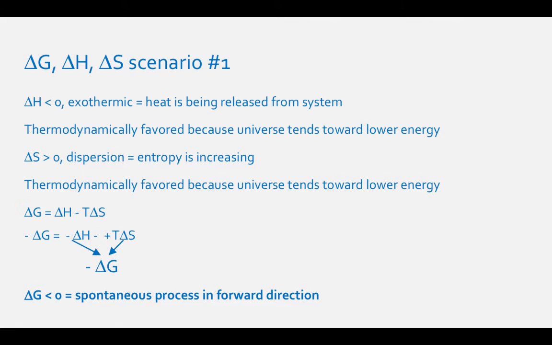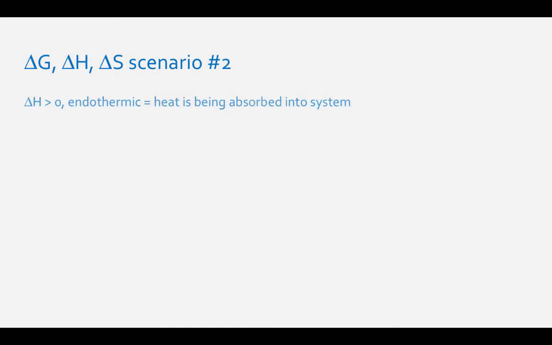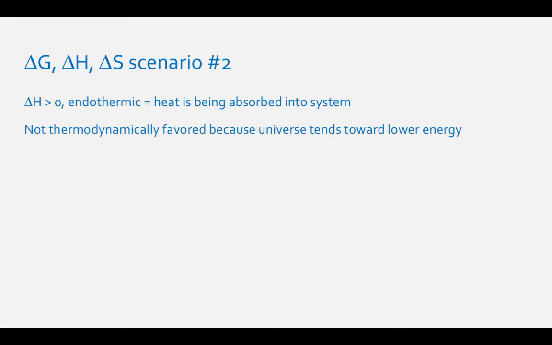Let's investigate this equation using the opposite scenario. If delta H is positive, this indicates an endothermic reaction, and heat is being absorbed into the system. Since the universe always tends toward lower energy, if the system is absorbing heat, this is not thermodynamically favored. If delta S is negative, this means that the energy is becoming more constrained, and the entropy of the system decreases.